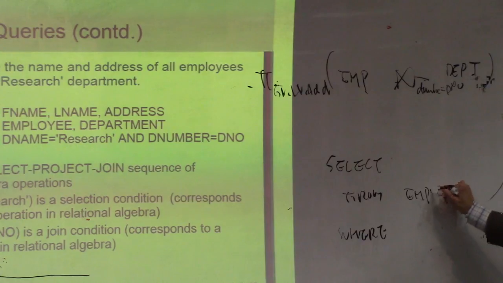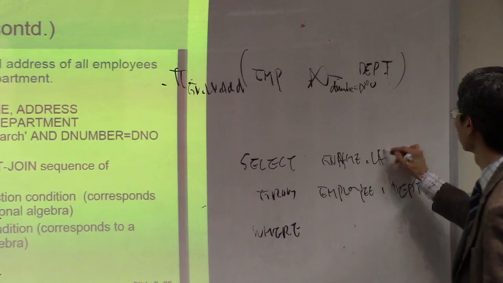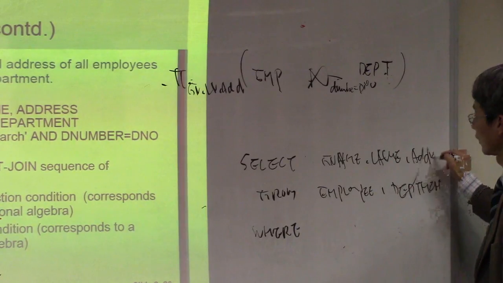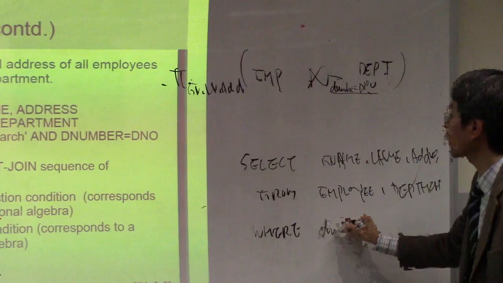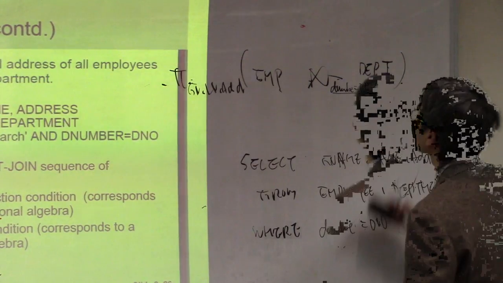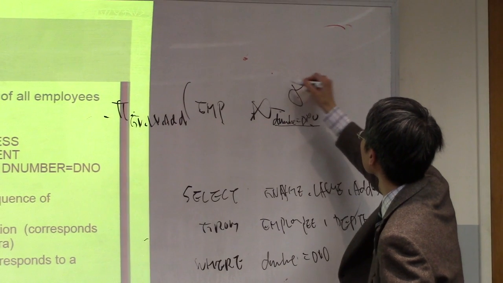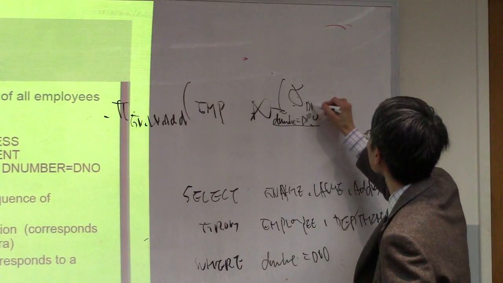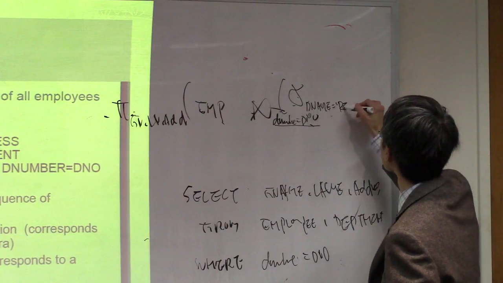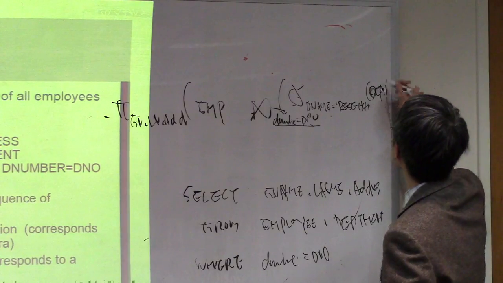Employee, department, and first name, last name, address, where condition, this one, D number equals DNumber. I want to search department, so we can do here the D name, research, so DPT.